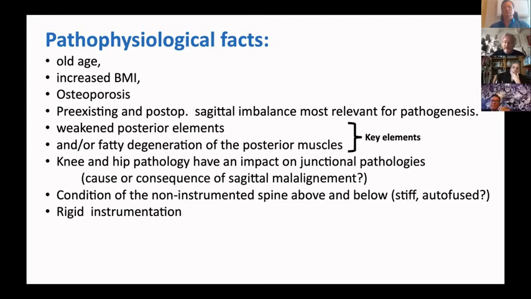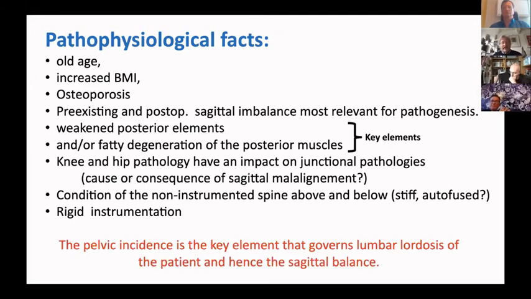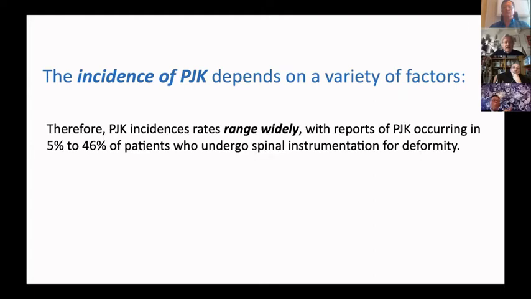And of course, the rigid instrumentation plays a key role. The pelvic incidence is the key element, as we have heard this afternoon many times, that governs lumbar lordosis of the patient and hence the sagittal balance. So the incidence is quite variable depending on the literature you are looking at.